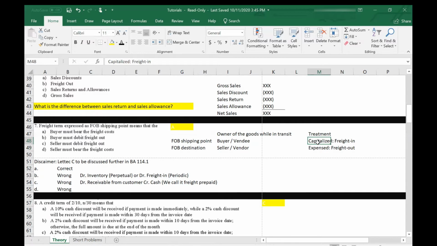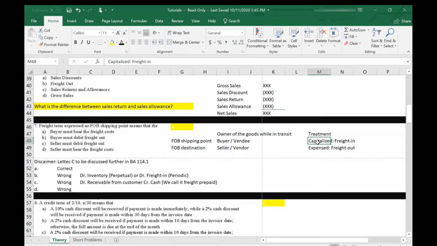But then, in some circumstances, prepaid yung freight, meaning it's paid in advance by the seller. Yun, may different accounting treatment naman for that. But it's not covered in this module. It's enough that you know who is the owner of the goods in transit and what's the treatment for each case.